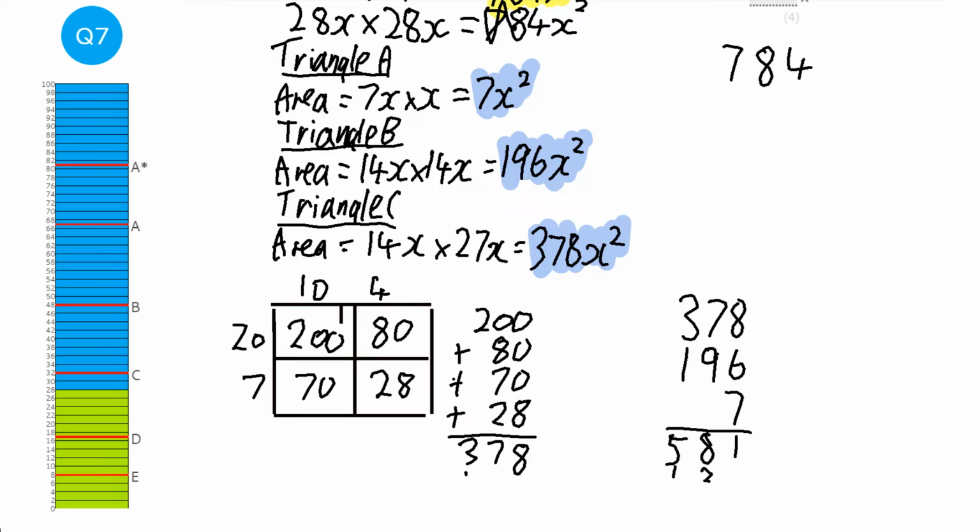So 581 is the total. Oh, I'm not doing very well in this. 581, let's write that again. 581 is the total of our triangles.